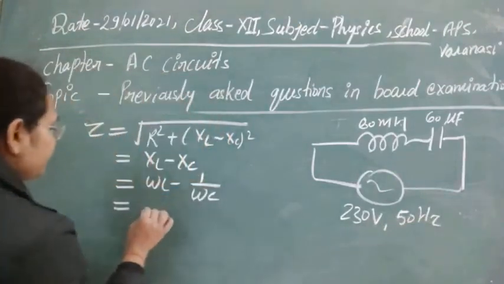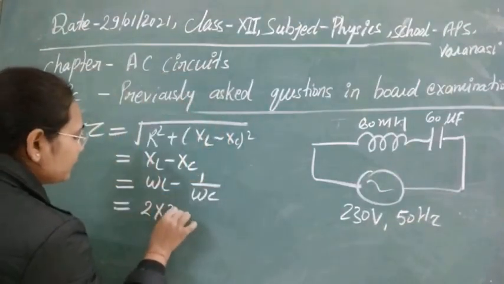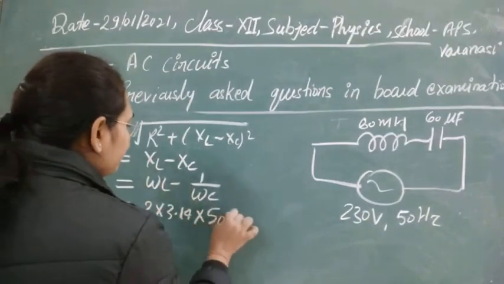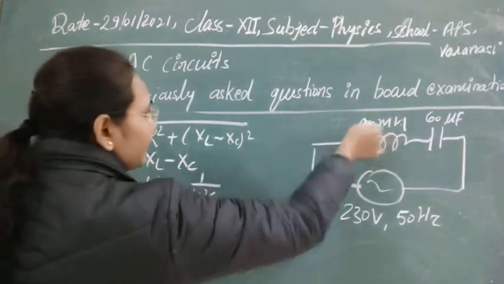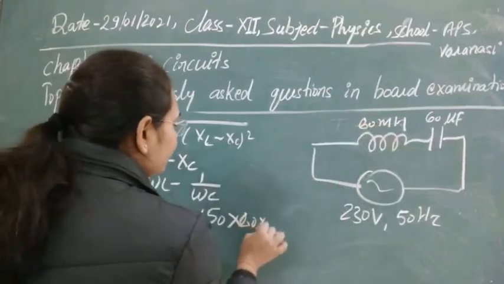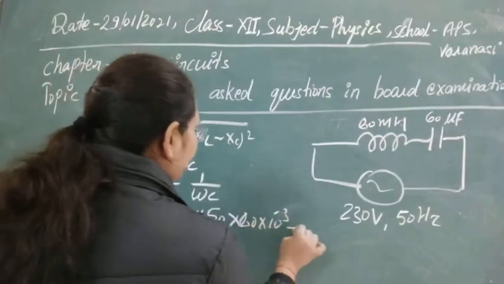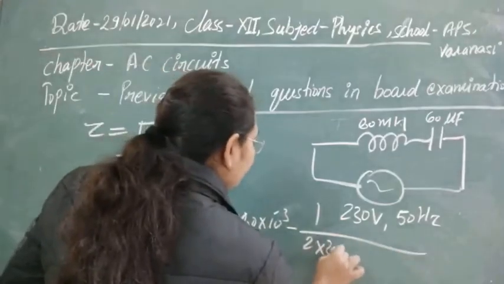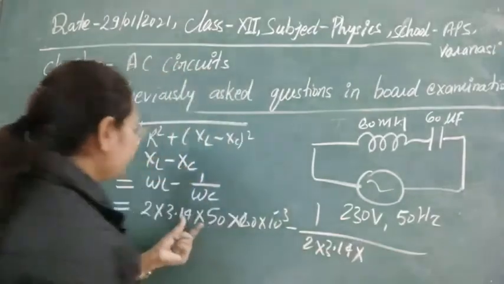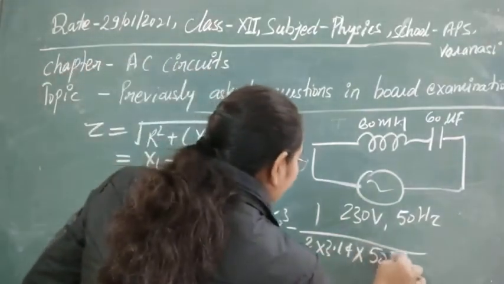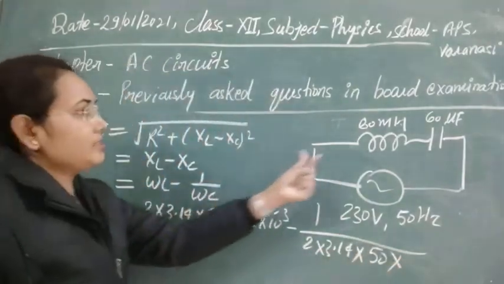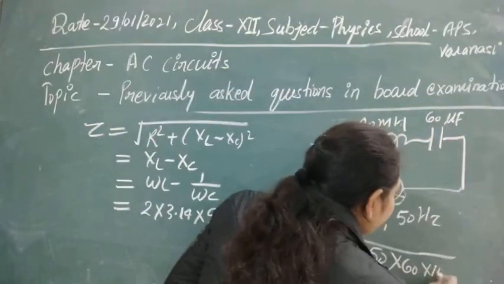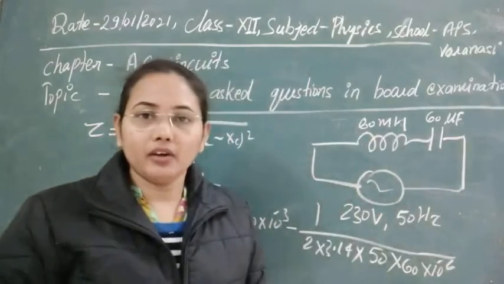So this will be equal to 2 into 3.14 into 50 into the value of L, which is 80 millihenry, so 80 into 10 power minus 3, minus 1 upon, where omega is again 2 into 3.14 into 50, into the value of capacitance, that is 60 microfarad. So here we can write 60 into 10 to the power minus 6. And now we can solve it.